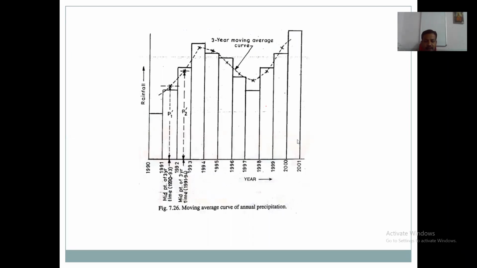Moving average curve of annual rainfall. It is a graph plotted between rainfall intensity and year. For a number of years, how much the rainfall is, how much the intensity of rainfall is, that graph shows the moving average curve of annual precipitation. Understood till here?